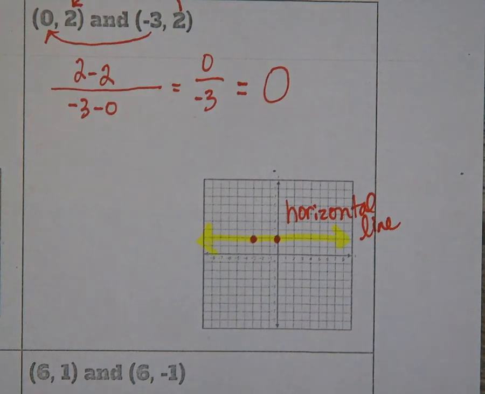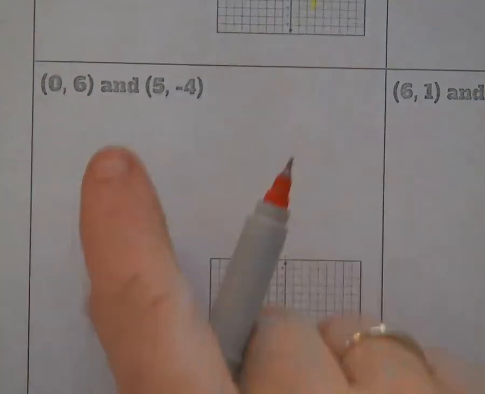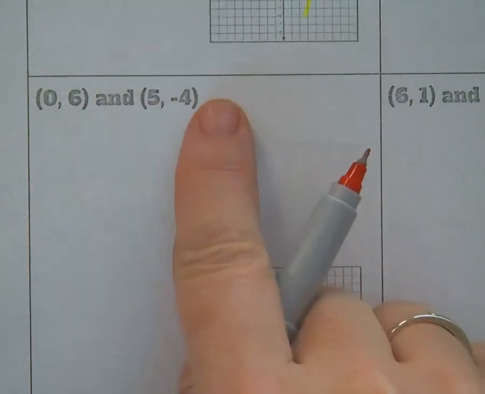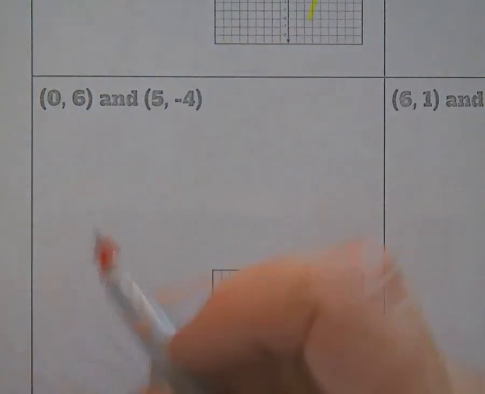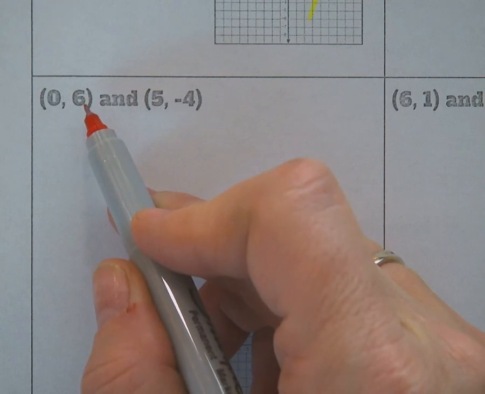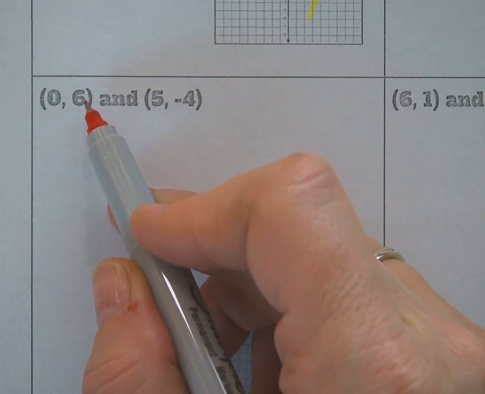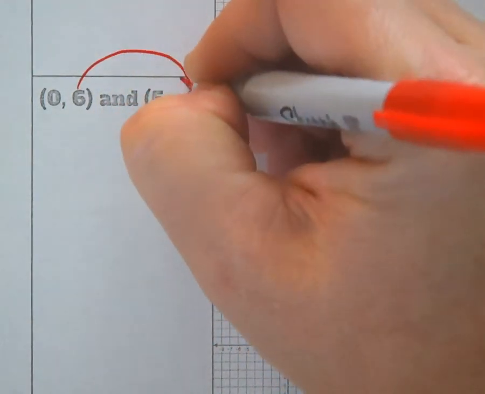Okay, let's jump down to the next one. Now, it does not matter which ordered pair you start with, so I want to give you a hint here. I usually start with whatever number is positive so that I don't have to deal with as many negatives. So watch what I'm going to do here. I'm going to go this direction.